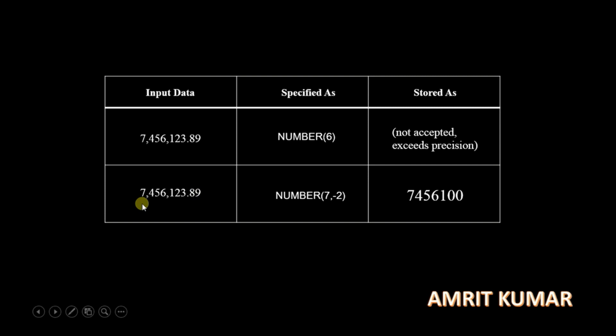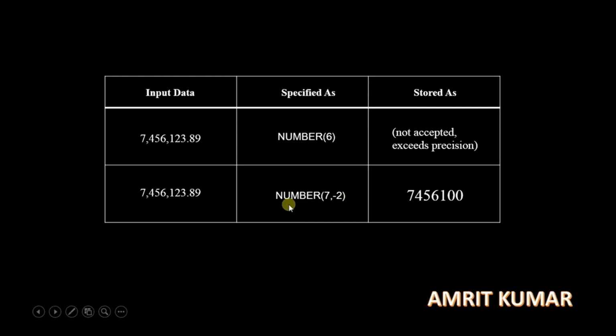Now let's move on to 7,456,123.89, which is the number entered by the user. Now I have set the specified type using the condition number as 7, minus 2. Now precision is 7 and scale is minus 2.